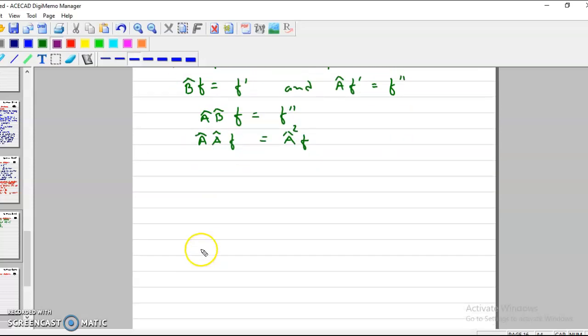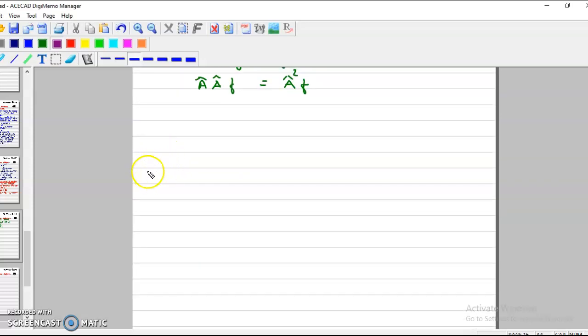In case of commutators, let us see this. Commutators means those who are going and coming, in and out. That is why they are called commutators.